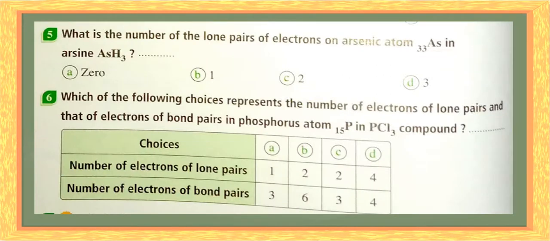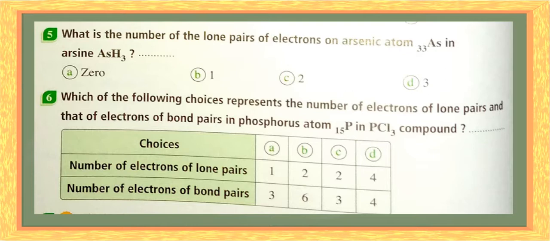Question 5 asks: what is the number of lone pairs of electrons on the arsenic atom As33 in arsine AsH3? Okay, we have AsH3 here, and we want to know the number of lone pairs. As we said, arsenic needed 3 electrons, so it takes 3 hydrogen atoms to form the covalent bonds.